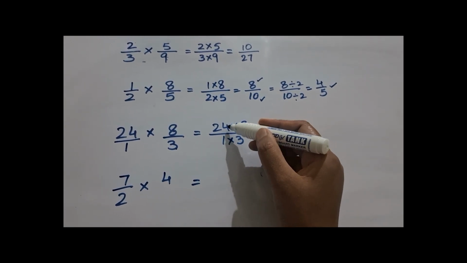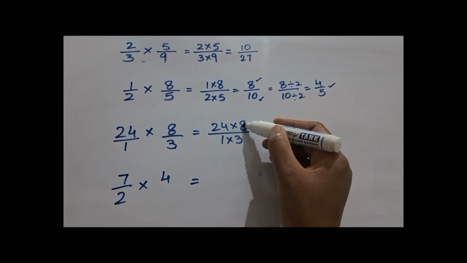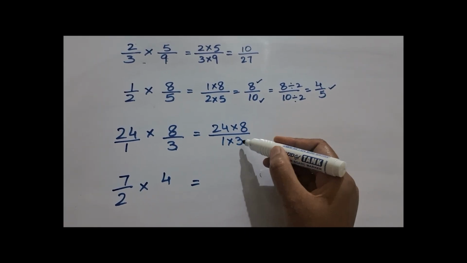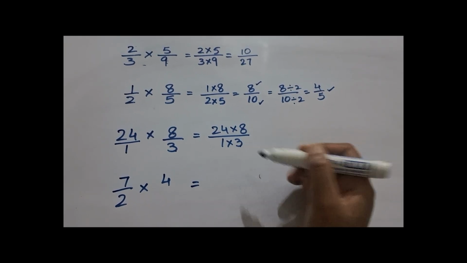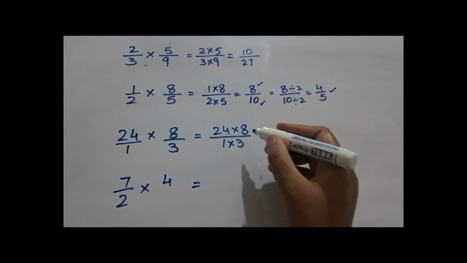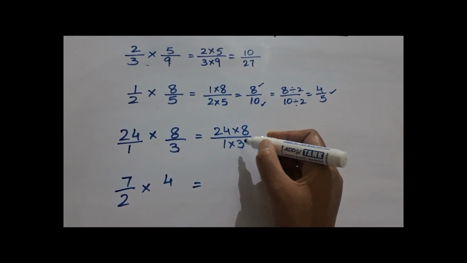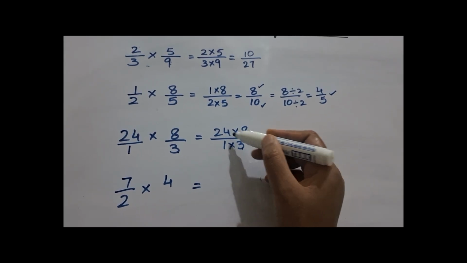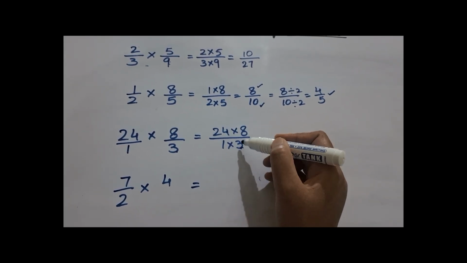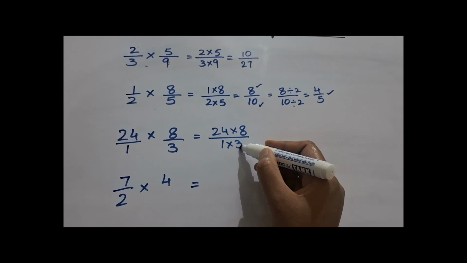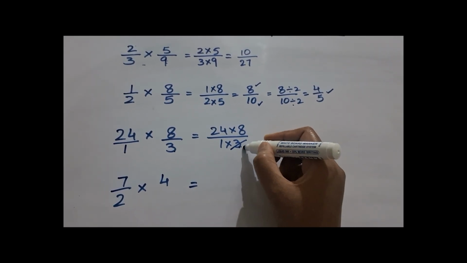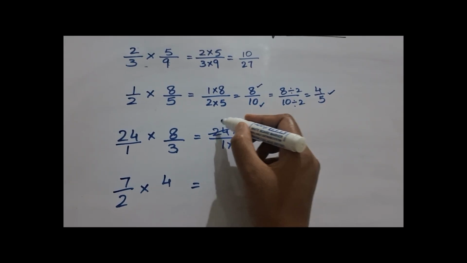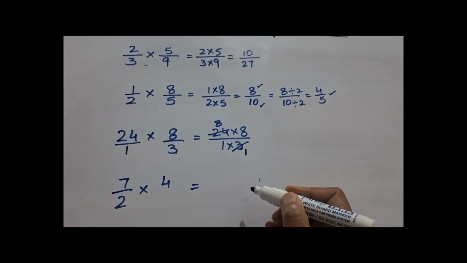If 24 or 8 are having common factor with any of the denominators here, we can cancel them. Like for example, here 3 and 24, they have common factor 3, isn't it? So here itself we can cancel. That means here 3 ones are and 3 eights are. Okay, children.